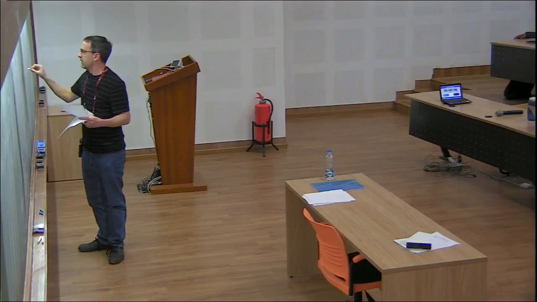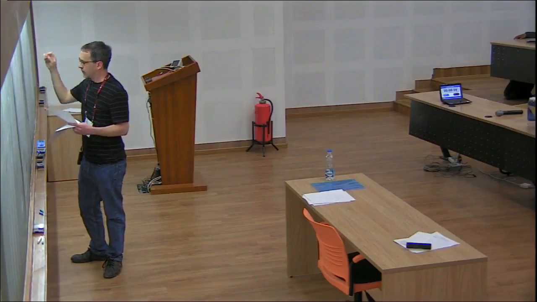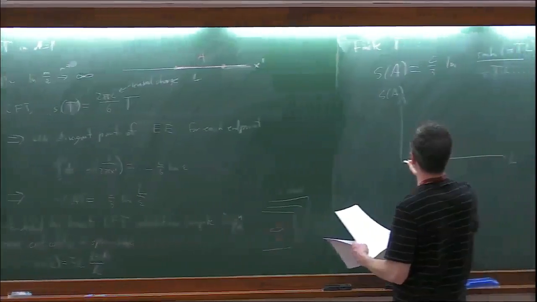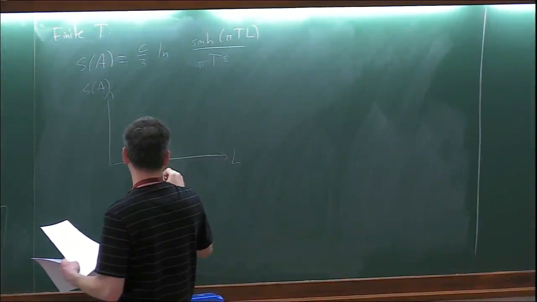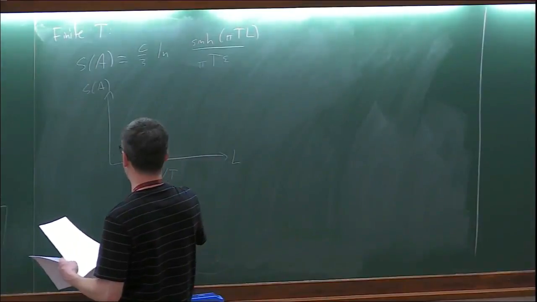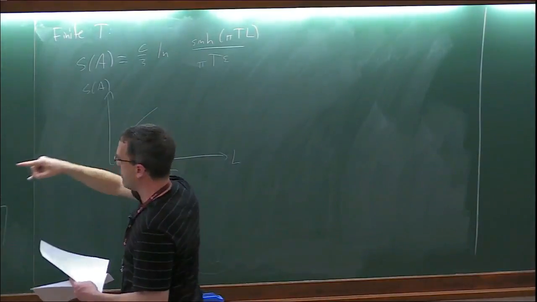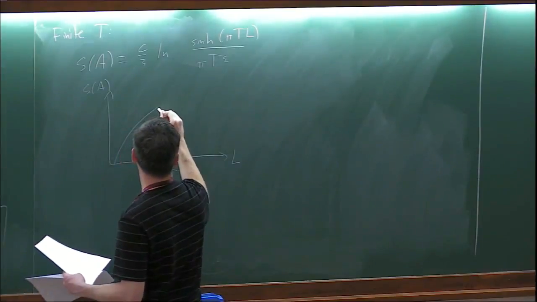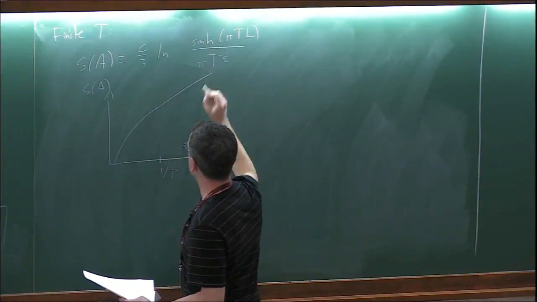This is what it looks like as a function of L. At first, for small intervals, it looks the same until the interval is larger than 1 over T, and then it acquires, whereas this would have been logarithmic, at 1 over T it acquires a linear piece.